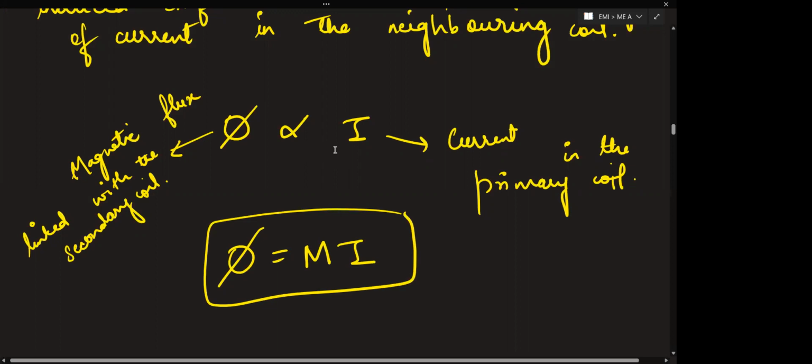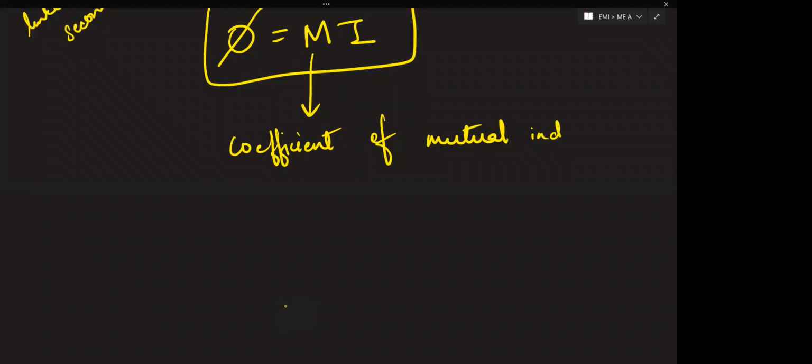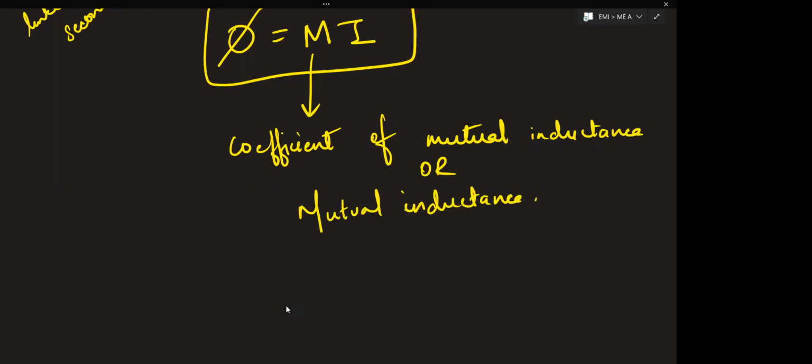So here M is the coefficient of mutual inductance, or you can say this is mutual inductance. The rest of the things remain the same.